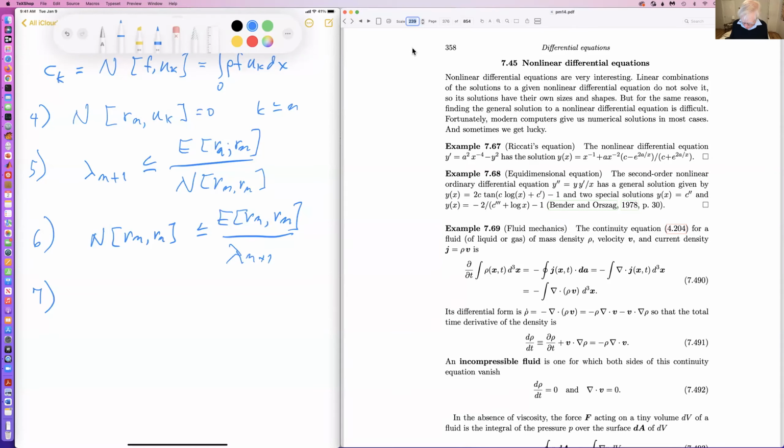Now, the next point is that E of Rn is bounded as n goes to infinity.